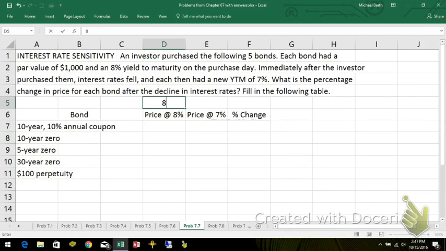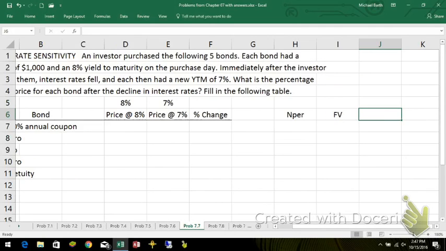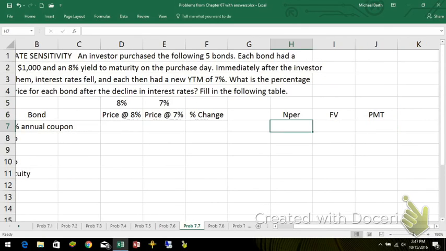All right, I'm going to put the percentage changes up here so I can use cell references. The number of periods, the par value is the same on each of them, and then the payments.